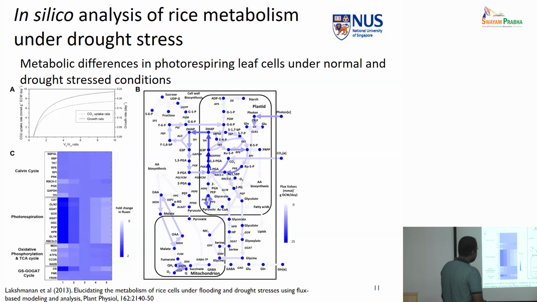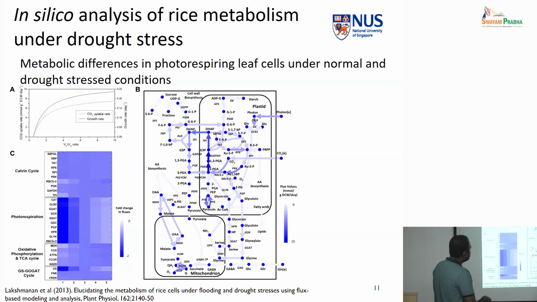What is happening at the stress level? The ratio will become very low, and we wanted to investigate what change happens in the entire flux level. This shows the Calvin cycle within the plastid, and you can see that the Calvin cycle has almost no difference depending on the carbon dioxide to oxygen ratio available.